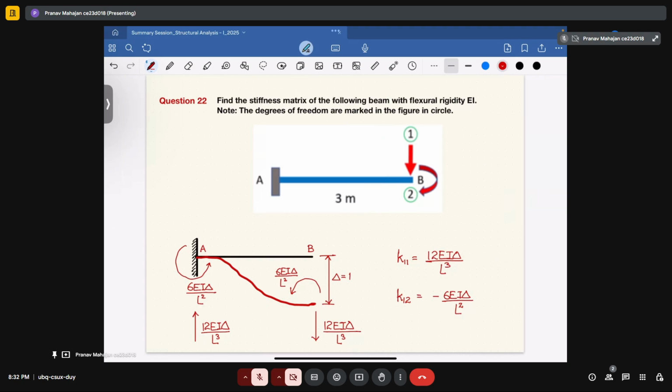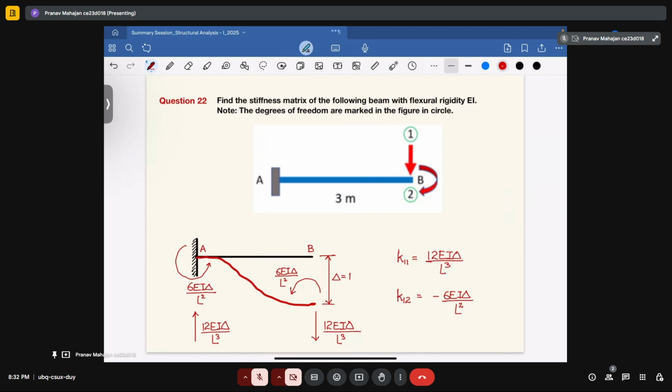Because of the application of moment, the unit displacement will come. As you already know, for that case the moment should be equal to EI upon L square. To compensate that, you have to apply the shear forces, and that shear force will become EI upon L cube. So your K11 will become 12 EI upon L cube.